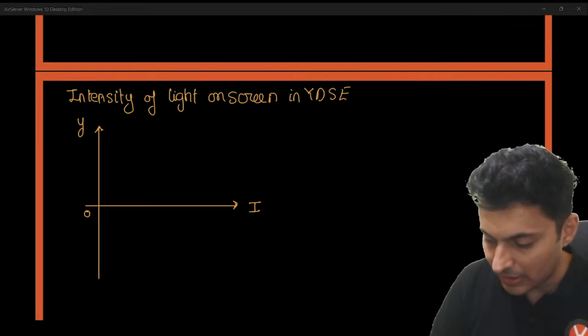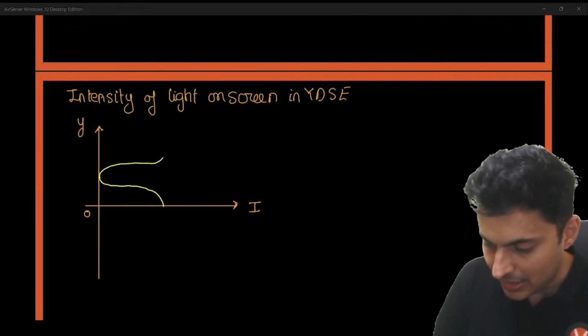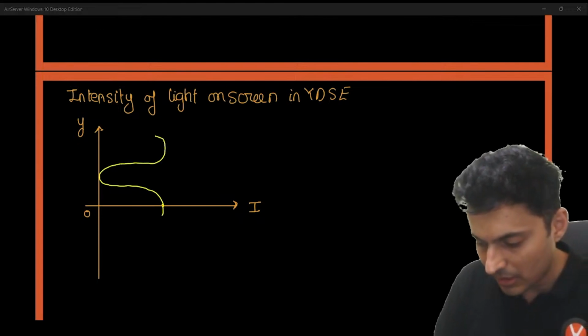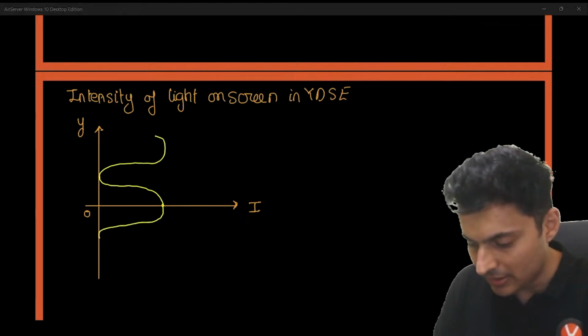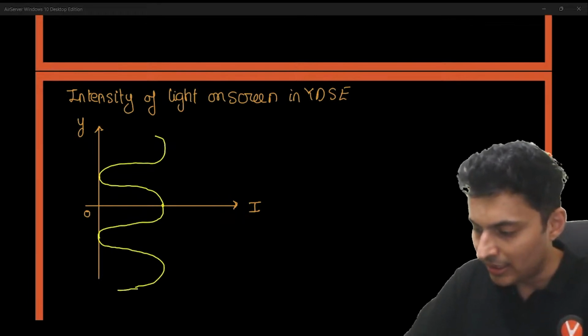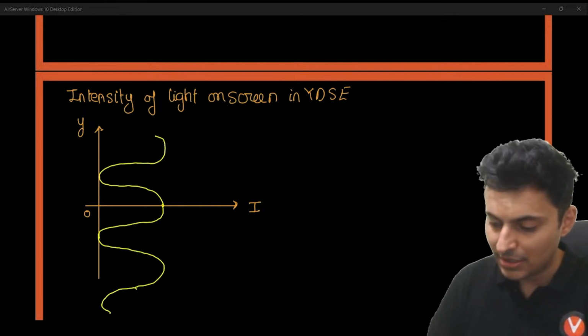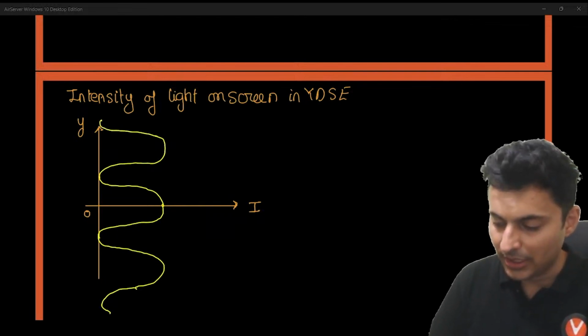It's a little bit interesting. It keeps going up and down, left and right over here. That's how the graph looks.